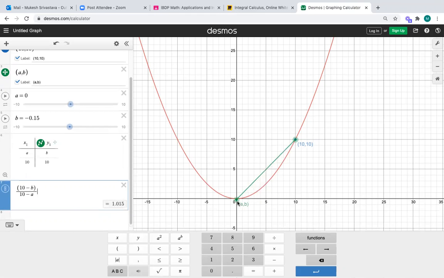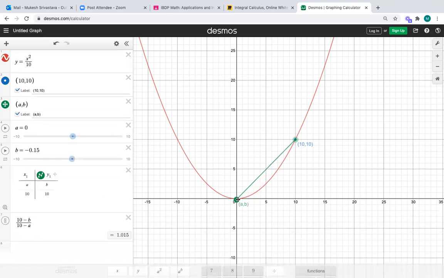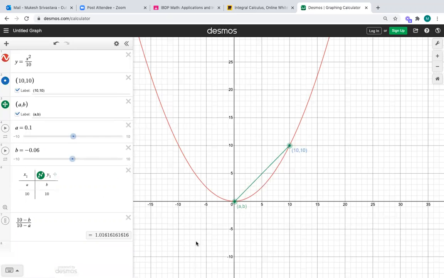Right now, A and B are not exactly at 0, 0, so this is because of human error. It's 1.016. Now, if I move this point on the curve, closer to 10, 10, what do you see?